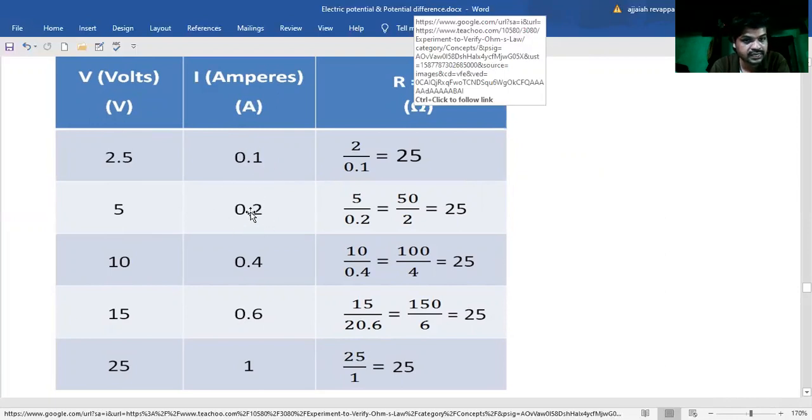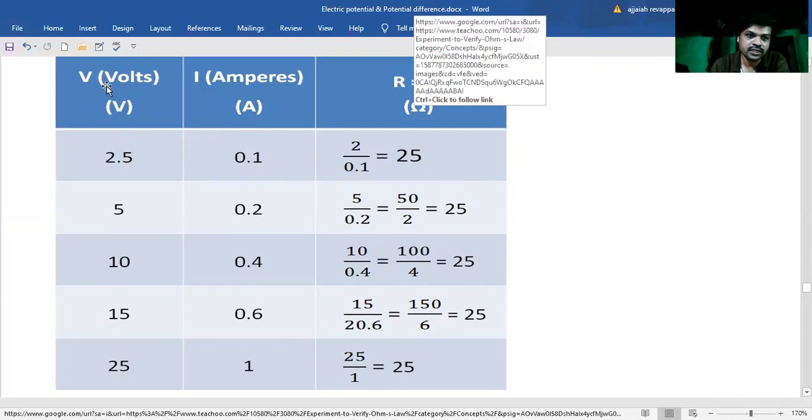Now the potential difference increased 3 times by connecting the third cell, and the current also increased 3 times. So as we increase the potential difference by connecting more cells, current also increases at the same rate. Means they are directly proportional to one another.